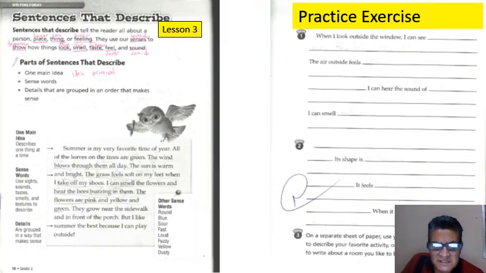In the next lesson, we're going to be describing sentences that describe. This is for lesson 3. See, as we can appreciate, this is on page 18. Sentences that describe tell the reader about places, things, feelings, senses.